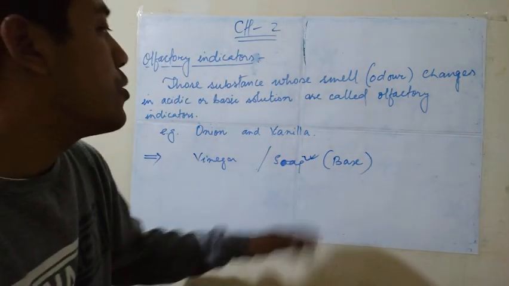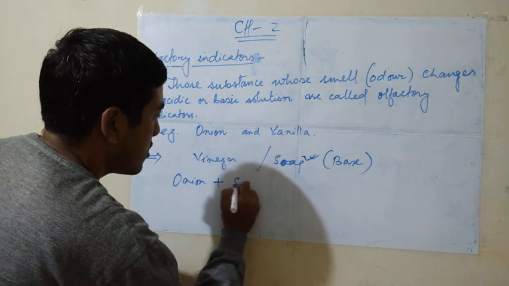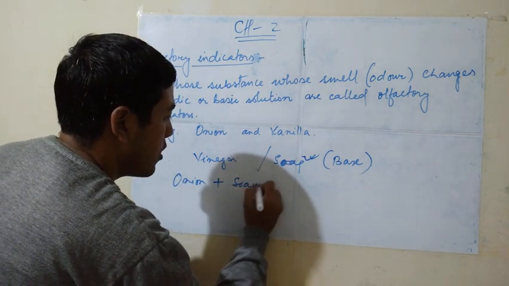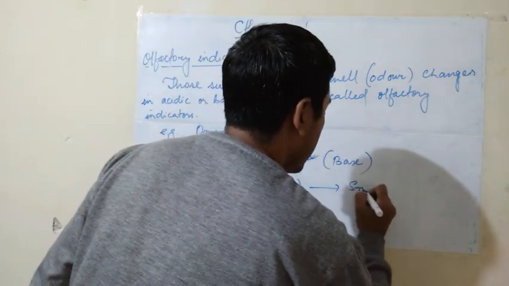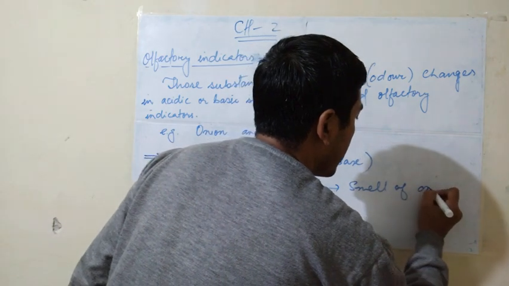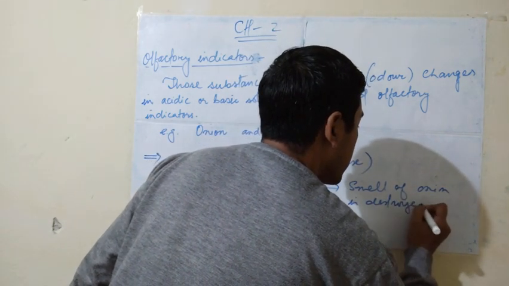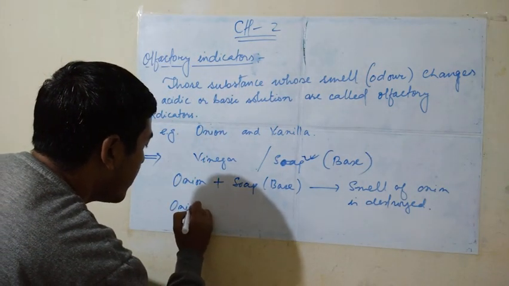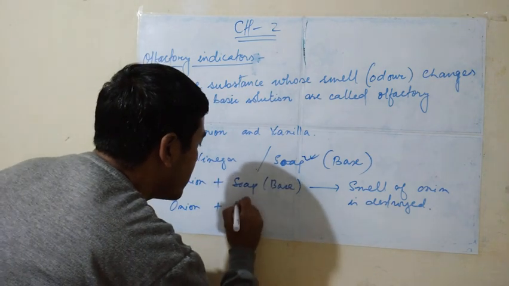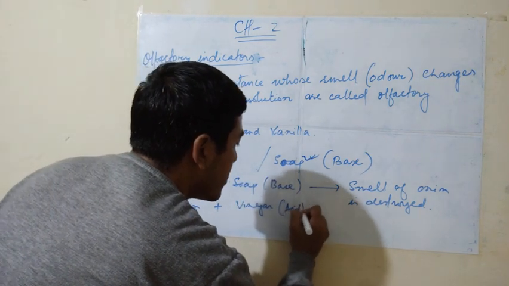And when this onion plus soap solution, there is the base, the smell of onion is destroyed, right? Same thing, onion plus vinegar, there is acid.